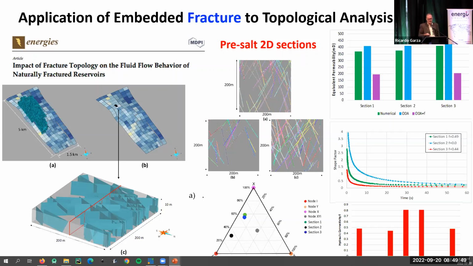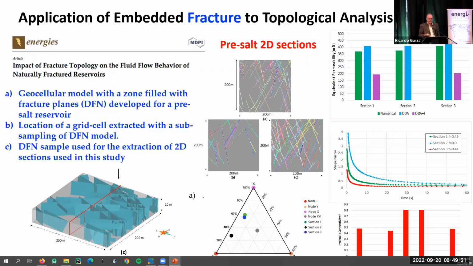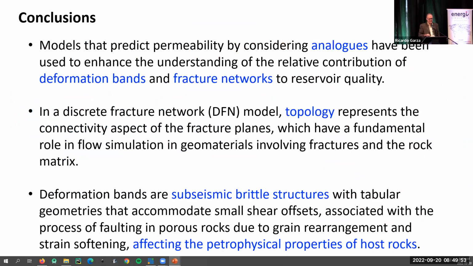Okay, just to conclude my presentation. Models that predict permeability by considering analogs have been used to enhance the understanding of the relative contribution of deformation bands and fracture networks to reservoir quality. In a discrete fracture network, DFN, model, topology represents the connectivity aspects of the fracture planes, which have a fundamental role in the flow simulation.